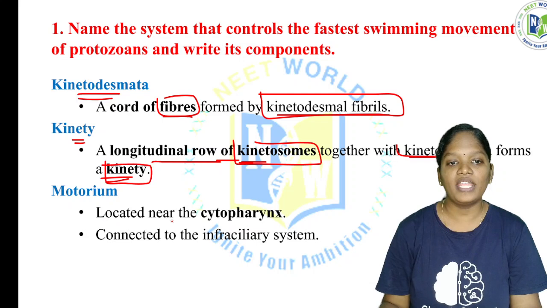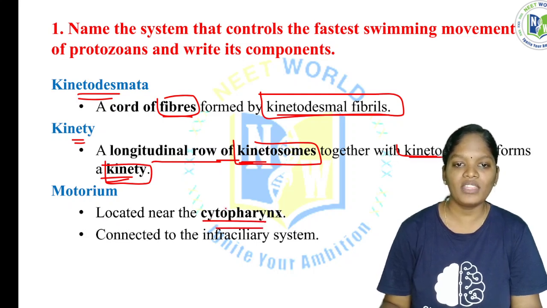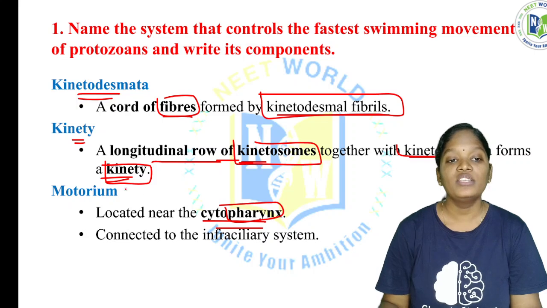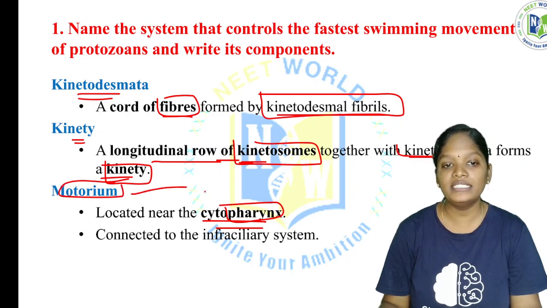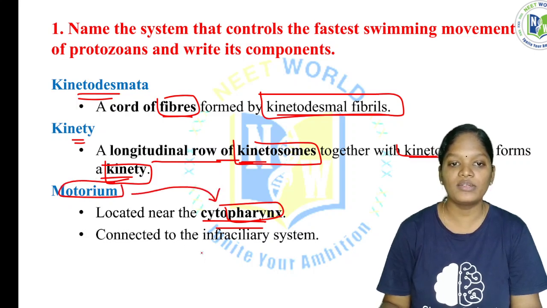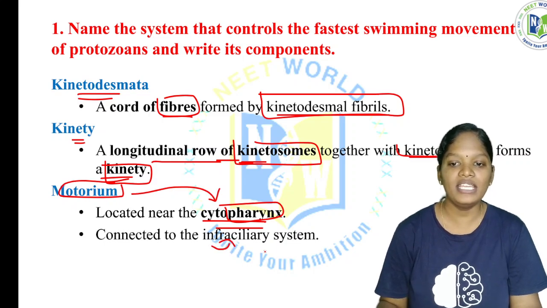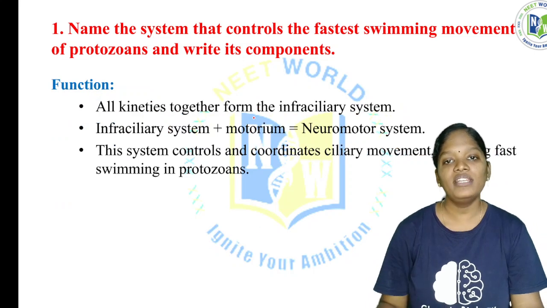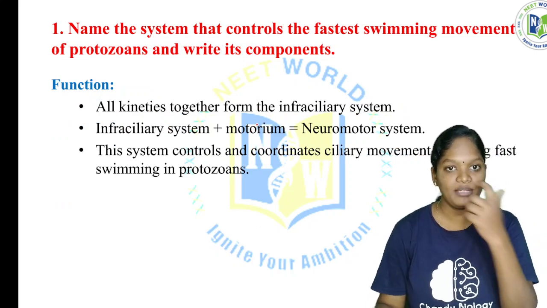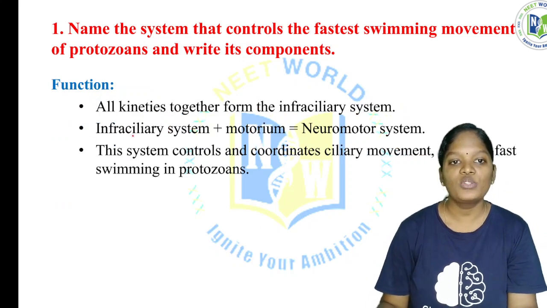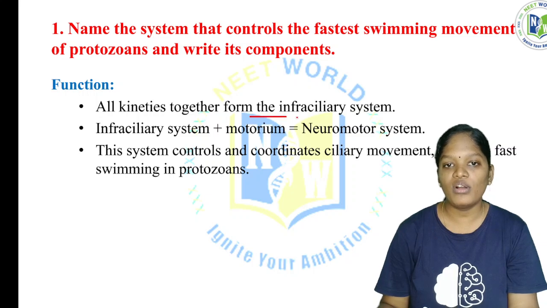Okay, motorium. It is located near the cytopharynx. The pharynx structure is here. So this is the structure which is present near the cytopharynx. This motorium is also connected to the infraciliary system. So what is the function of this infraciliary system in swimming?